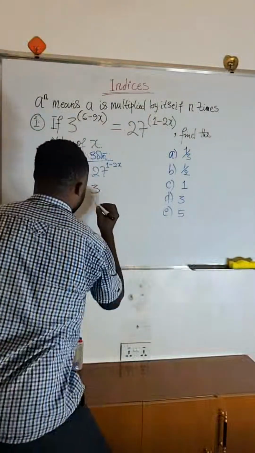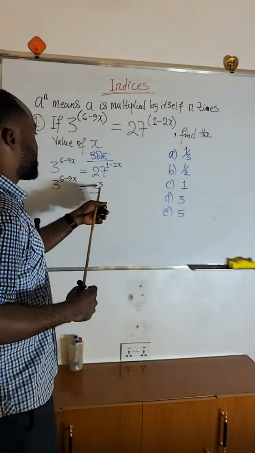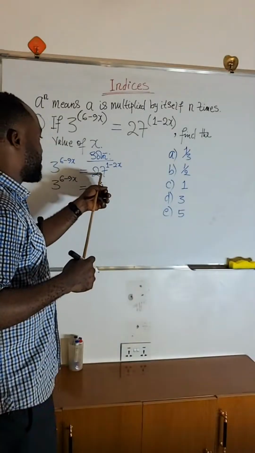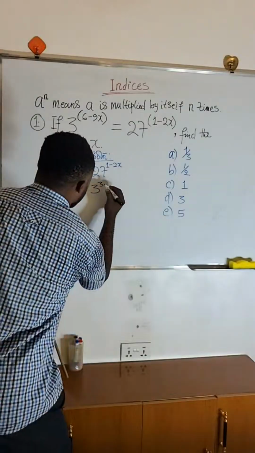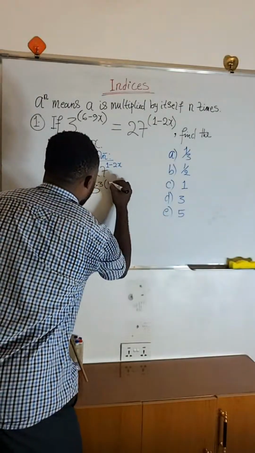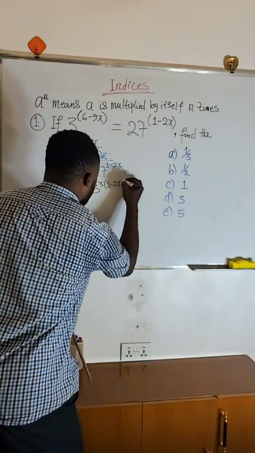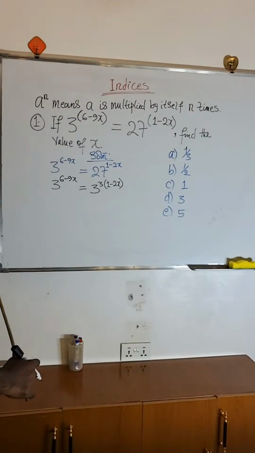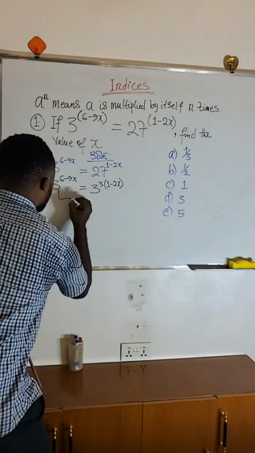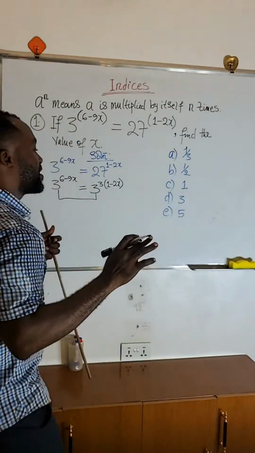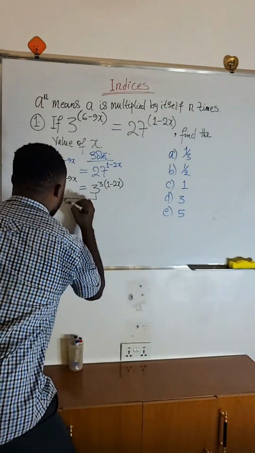This will now be 3 raised to the power of 3. This alone has simplified this 27. And now this power here will multiply into the former power that 27 had, which is 2x. From here, you can see that these two numbers are of the same base now.